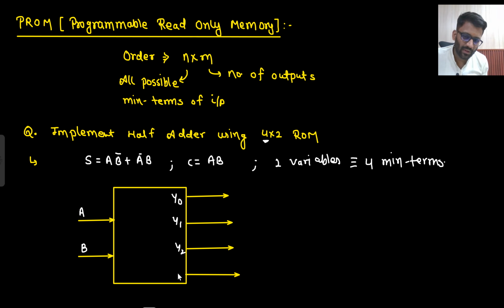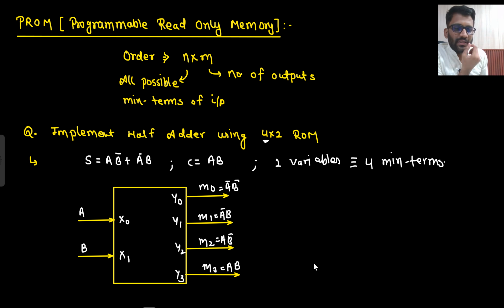Y0, Y1, Y2, Y3, and these are the inputs X0, X1. So they will generate all the minterms, M0, M1, M2, M3, which equal A bar B bar, A bar B, A B bar, and AB.